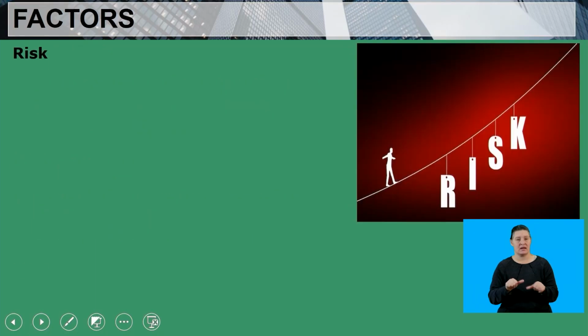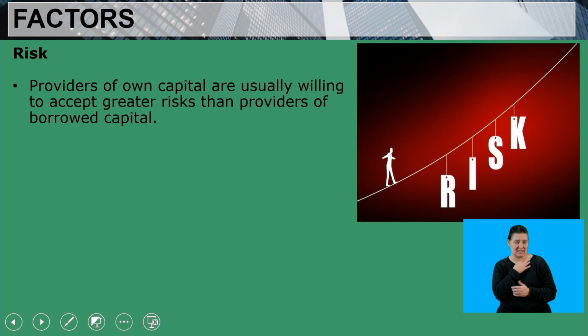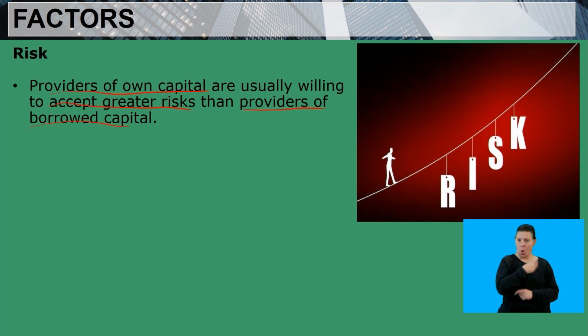Then we move on to the next factor, which is risk. Providers of own capital are usually willing to accept greater risks than providers of borrowed capital. So obviously, if you are going to use your own money, it simply means that you are going to work very hard to make sure that your money is not lost at all.